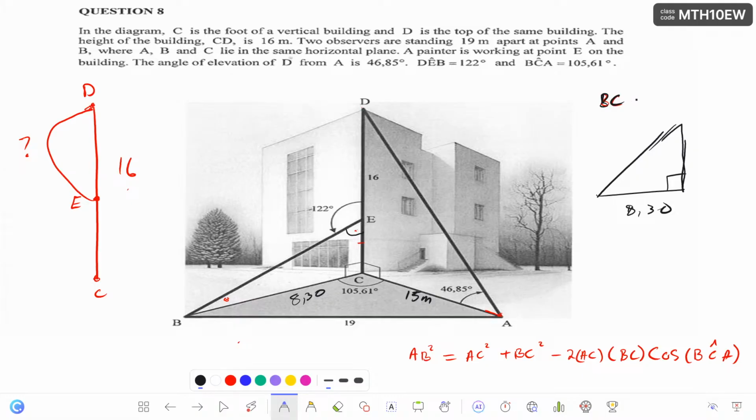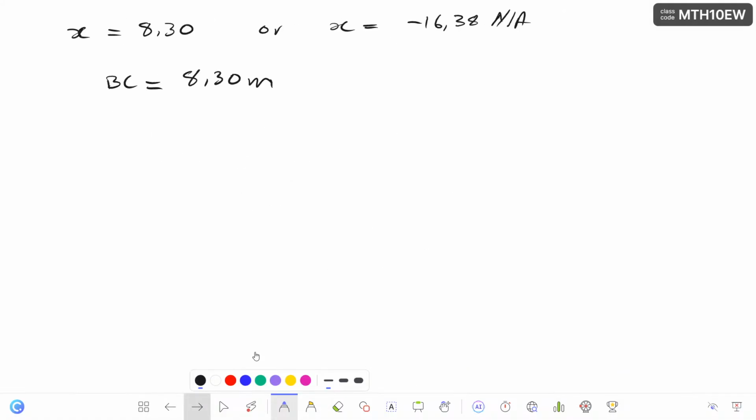We can find angle BEC by saying 180 minus 122 degree. The reason: angle on a straight line. So 180 minus 122, we find this angle to be 58 degrees. Angle on a straight line, so you need to include this reason here.